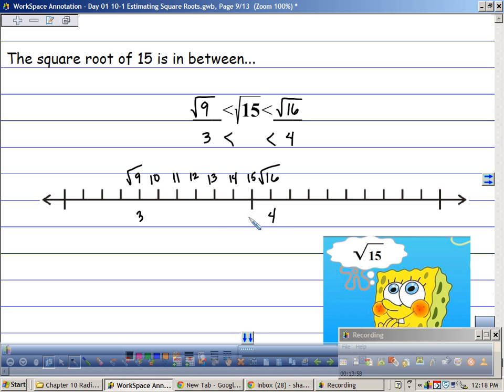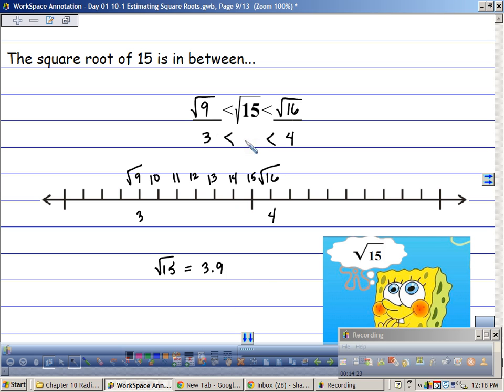So make an estimate. What do you think the square root of 15 is? 3.7? I'm going to say it's closer. What do you think? 3.87. So it's closer to 3.9. I put it on a calculator.